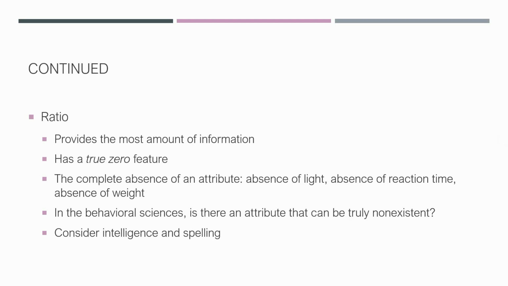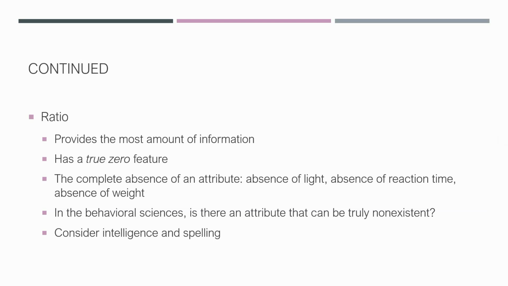The ratio level of measurement, because it can accommodate a complex level of information, thereby giving you the most amount of information, allows us to do more with ratio scales than with interval, ordinal, or nominal. Statistically, having ratio scales allows you to engage in more statistical analyses compared to the previous levels of measurement.